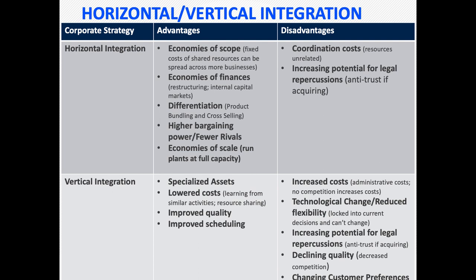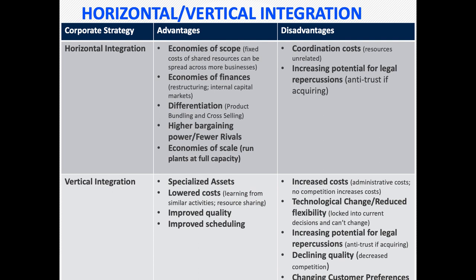Remember how I said a few slides back about how companies get less profitable the more diverse their businesses are? Coordination costs are why. Another challenge is antitrust. If you get too big in any one industry, there's a good chance the government's going to come knocking because they'll be concerned about consumer harm.